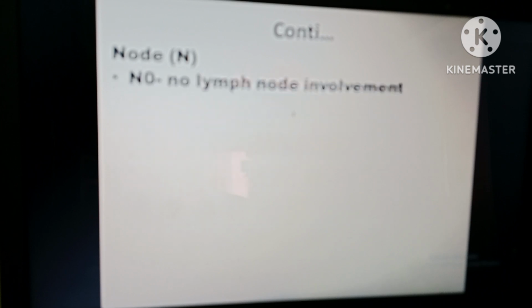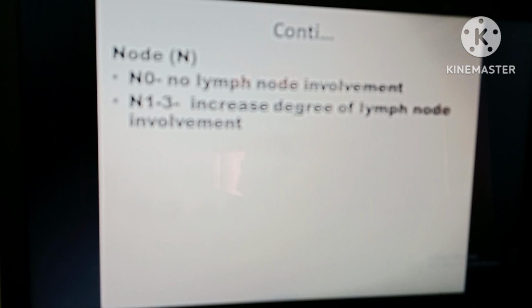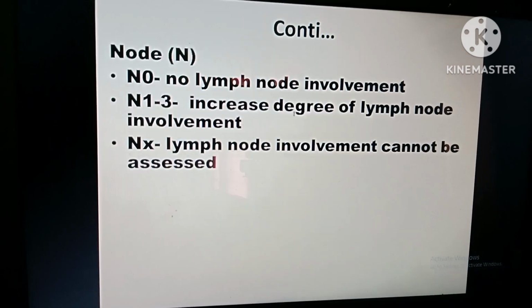Now N, node, lymph node involvement. With that, the tumor assessment is over. Next the doctor will write about the node, whether a lymph node is involved. If the doctor writes N0, that means no lymph node involvement, it has not started to spread to the lymph nodes.